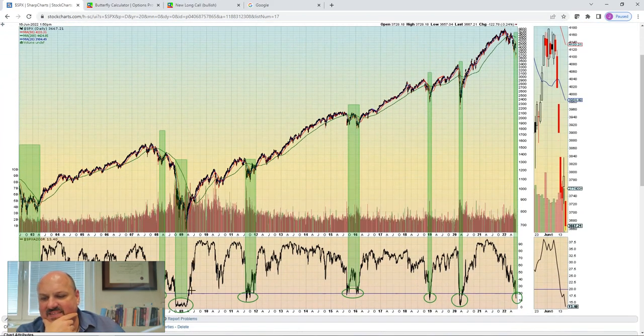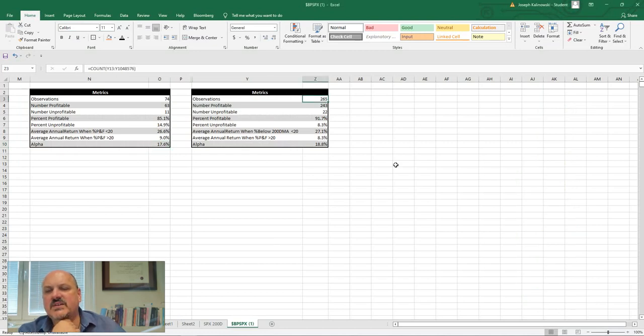So I went back and did this analysis, and going over the history, again about 30 years or so, I noticed 265 observations where the percent of companies above their 200-day moving average was less than 20%. Of the 265 observations, 243 of the times the market was higher a year later.